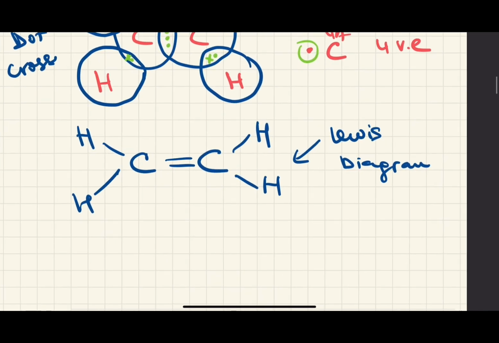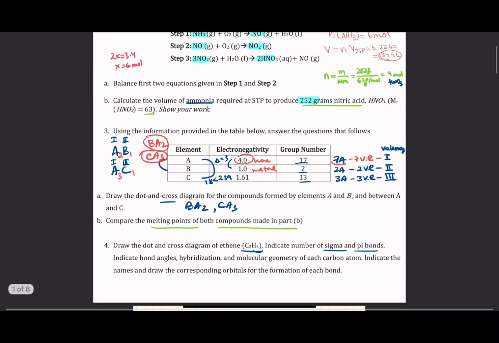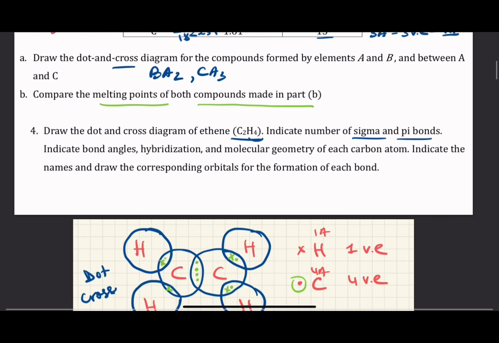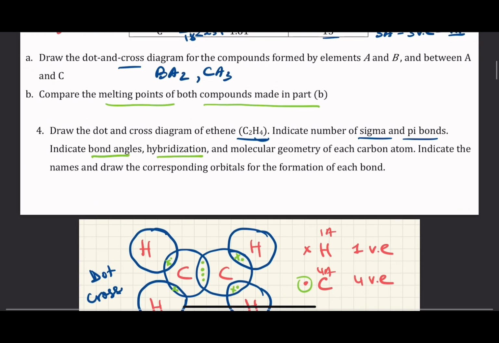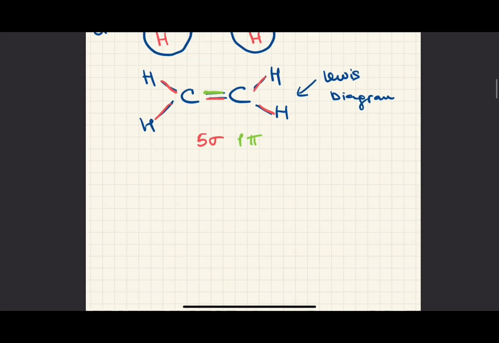And then as you see, we always have the single bonds. They are the sigma, so 1, 2, 3. So we have 5 sigma, and then the last one is the pi. So we have 1 pi. Now it says indicate the bond angles and hybridization. I have told you about this already.